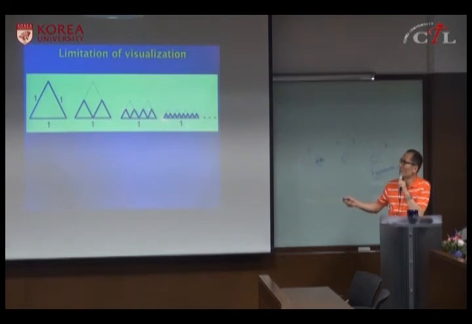This one should be the same as this one. If you continue this process, what happens? Two lengths seem equal to one length, right? 1 plus 1 equals what? Seems like 1. 2 equals 1?